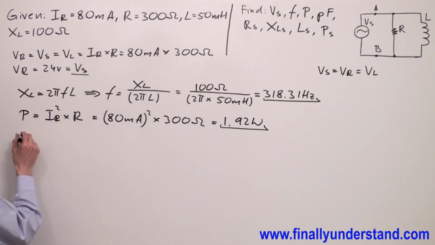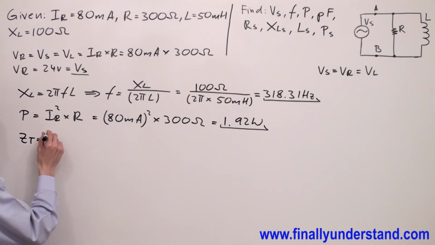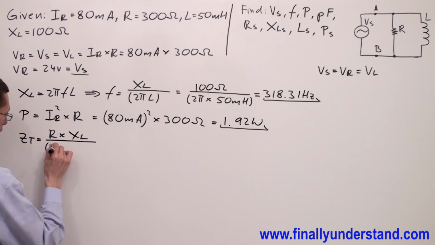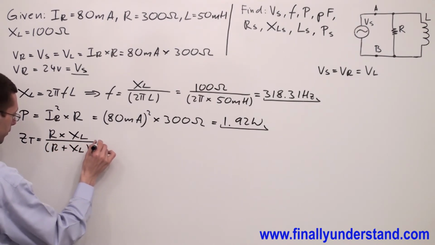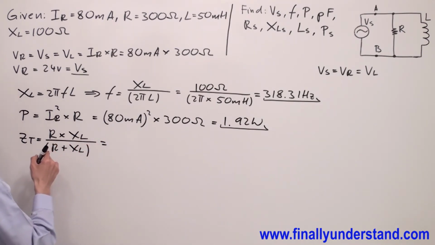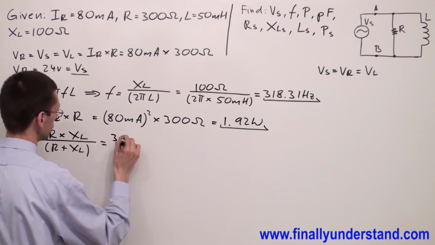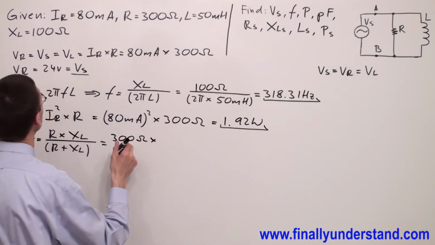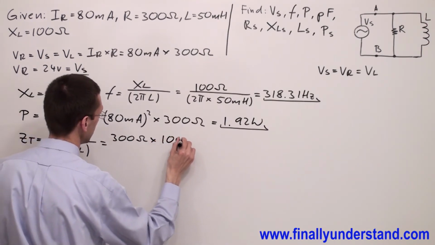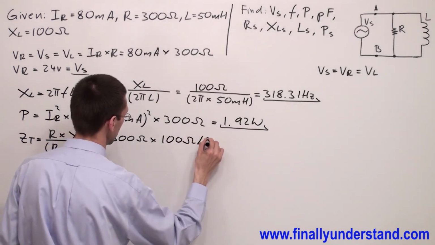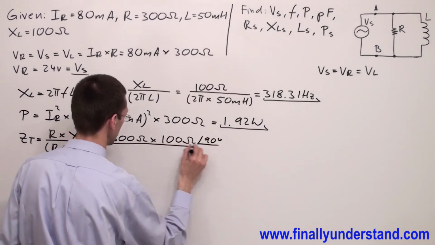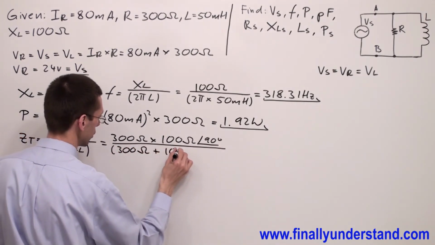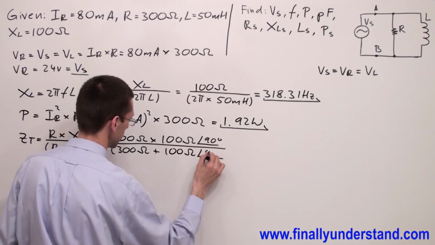So I have Z total equals R times X of L over R plus X of L. I have R equals 300 ohms times X of L, which is equal to 100 ohms, at an angle of 90 degrees, over 300 ohms plus 100 ohms, at an angle of 90 degrees.